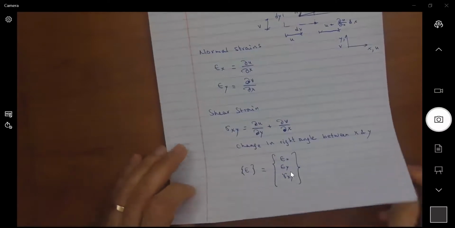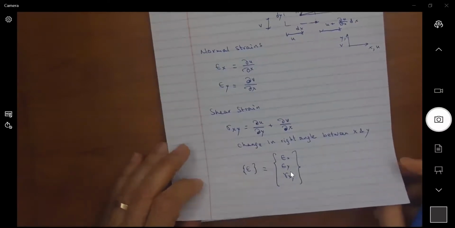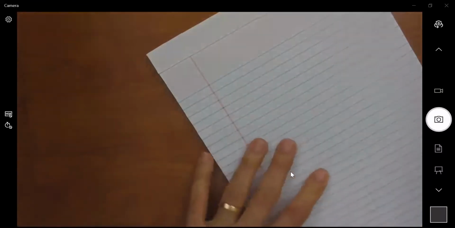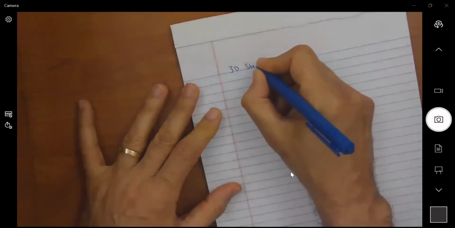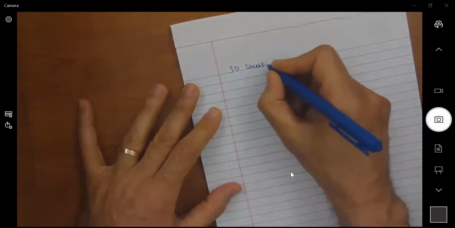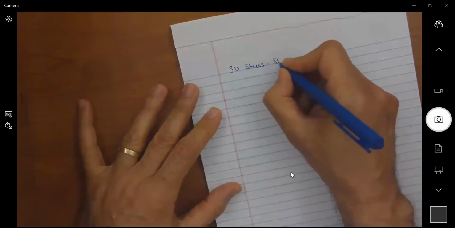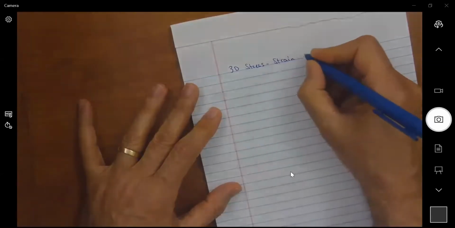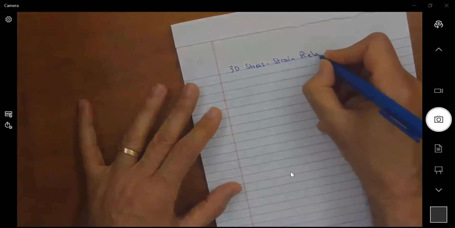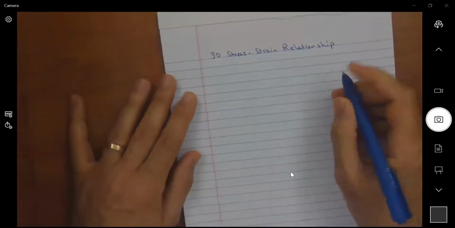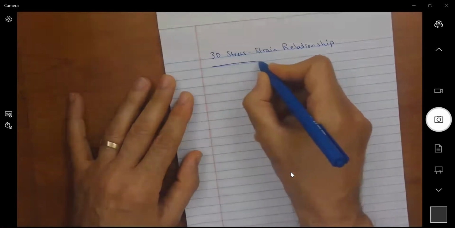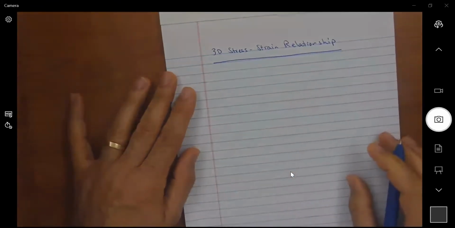In order to derive stress-strain relationships, I'm going to draw upon the 3D stress-strain relationship that you can find in Appendix C in the textbook.